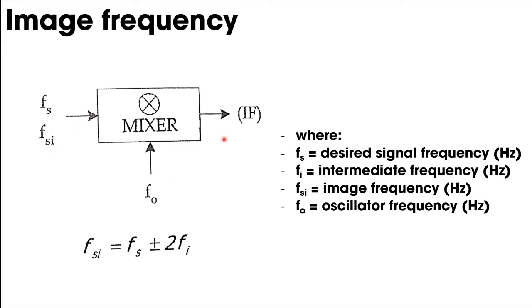You have your mixer here, and you have the desired signal frequency here, your oscillator frequency or the local oscillator, and then the intermediate frequency which we want to get. However, the image frequency interferes with the desired signal frequency, and when it does, it mixes with our desired signal frequency, and it creates interference or somewhat of a noise.